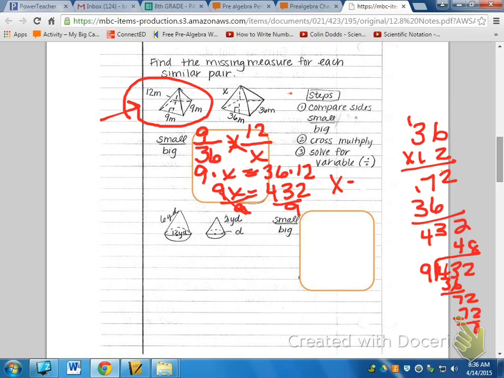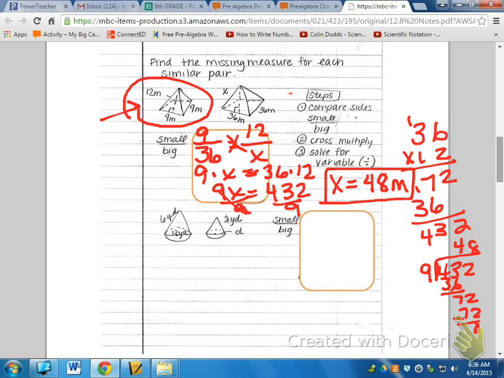So X equals 48, and how do you think we would label this? Meters. It's not squared or cubed or anything. It's just measuring a length. So it is 48 meters. Questions on that one?